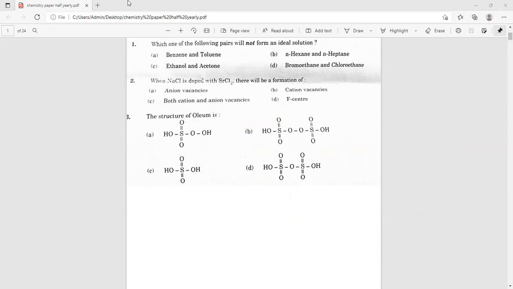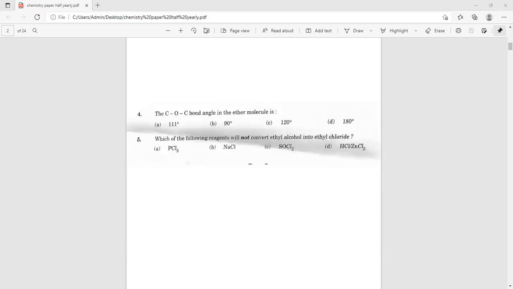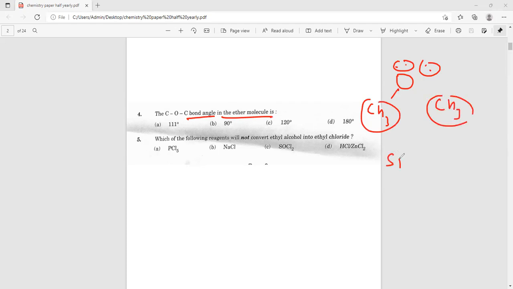Question number 4 is, what is the bond angle in ether? Ether means oxygen is there, two lone pairs are present, and CH3 and CH3 groups are there. So it is sp3 hybridized because two lone pairs and two bond pairs are there, right?